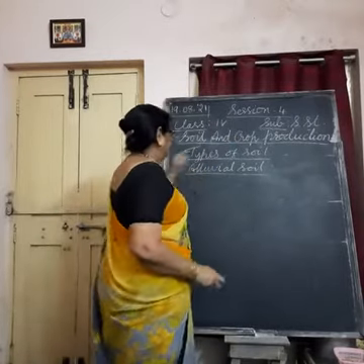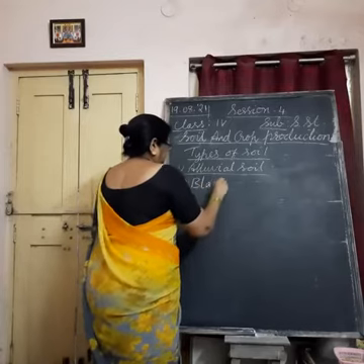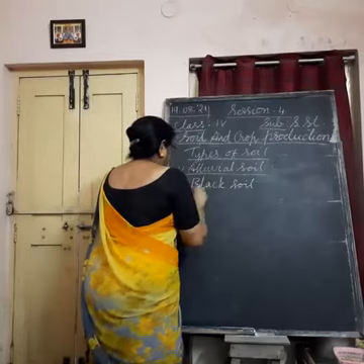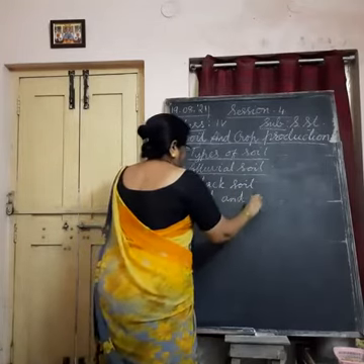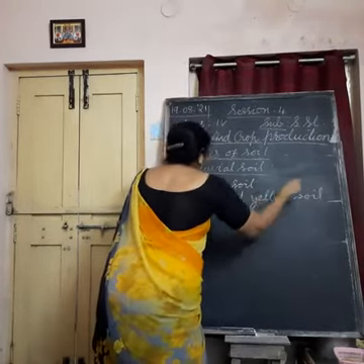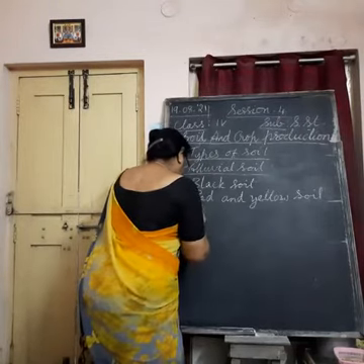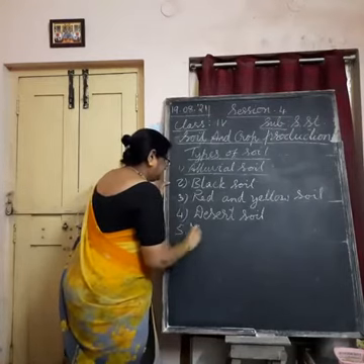They are alluvial soil, black soil, third red and yellow soil, fourth is desert soil, and fifth is mountainous soil.